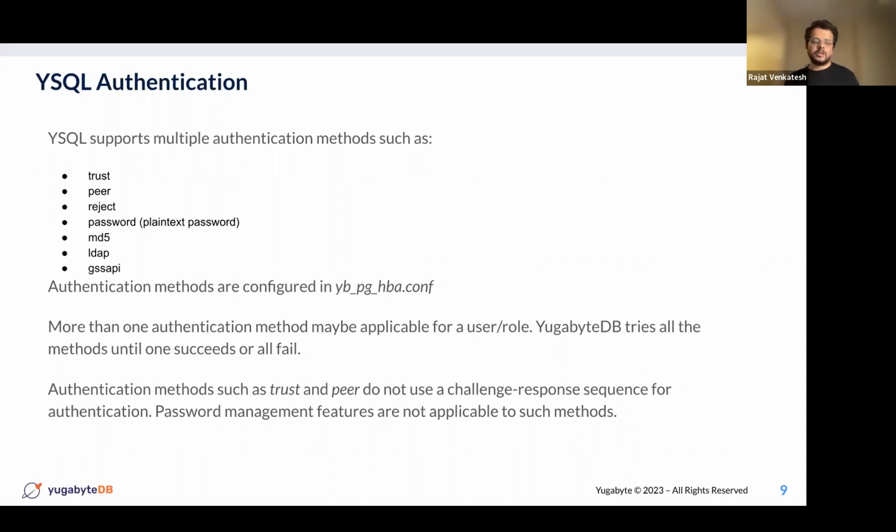On the other hand, with methods like password, LDAP, and so on, there is a challenge and response. In some cases, the response is a password or a hashed password, or in other cases, it might be security tokens. Login profiles is applicable only to methods that follow the challenge and response sequence.